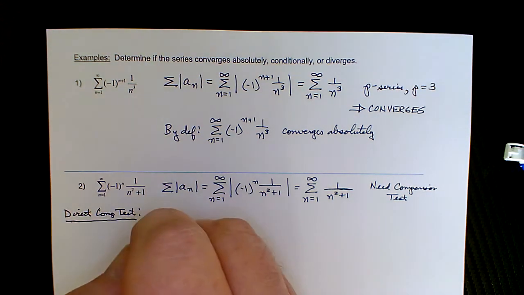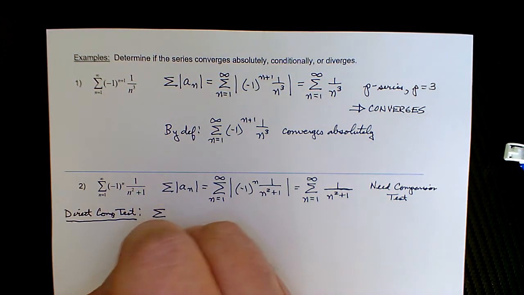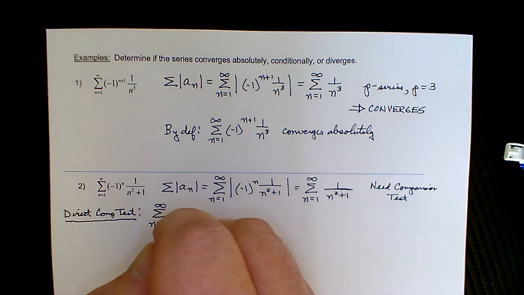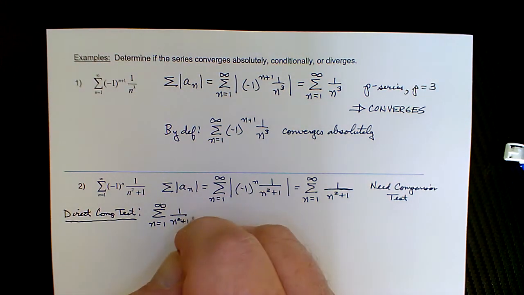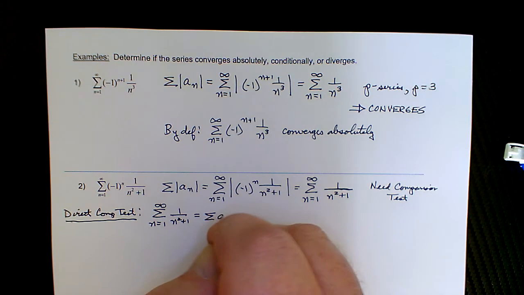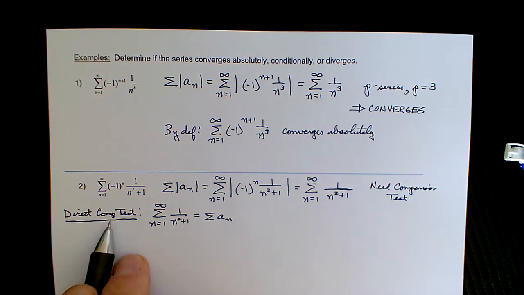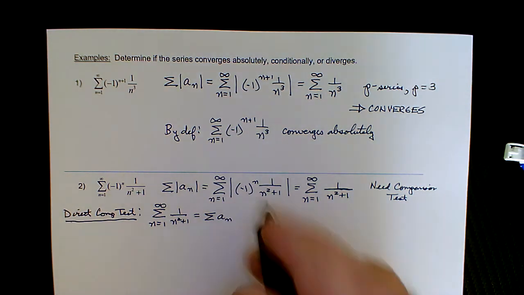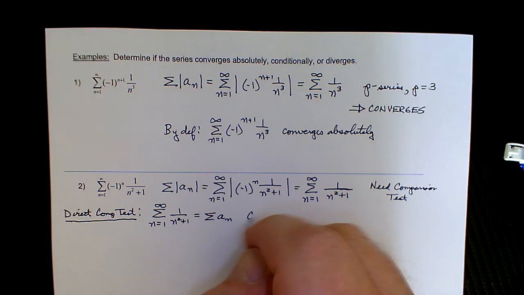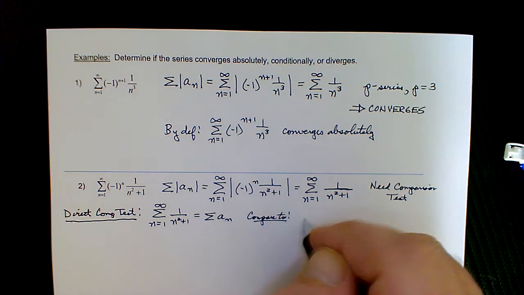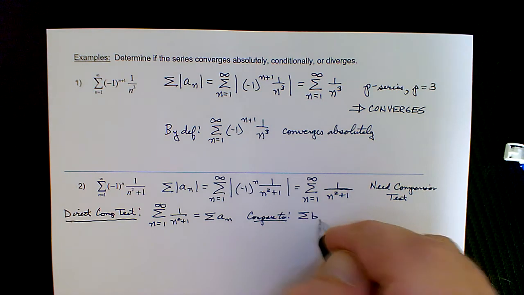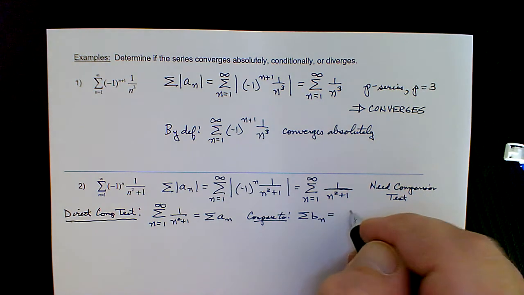Okay, so we'll call the sum as n goes from 1 to infinity of 1 over n squared plus 1, the given series, the sum of the a sub n, with regards to the direct comparison test. And we're going to compare it to, we'll call it, the sum of the b sub n.